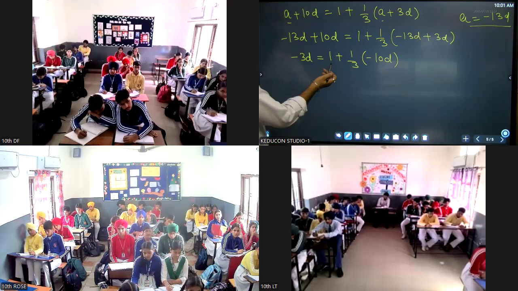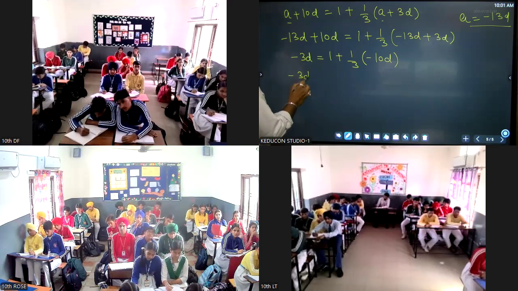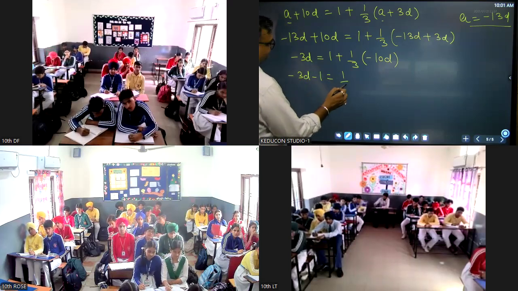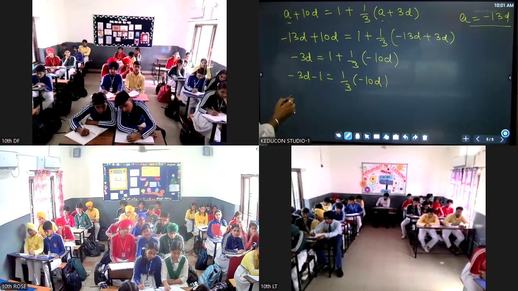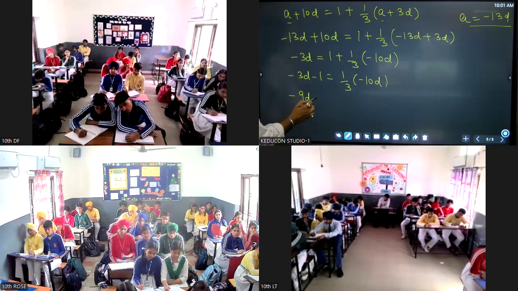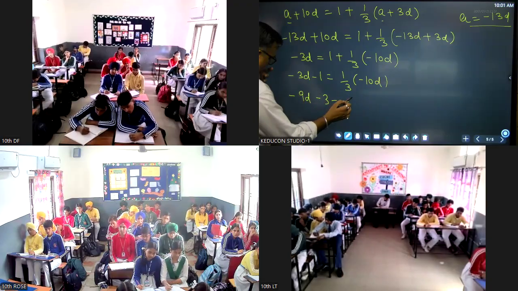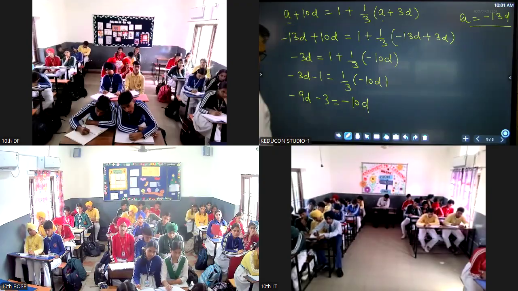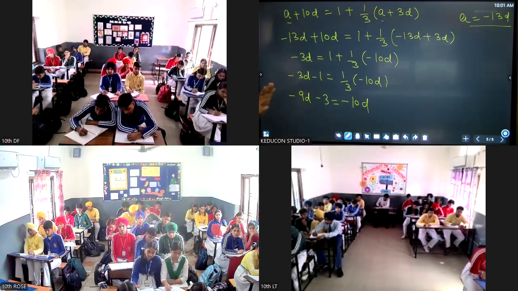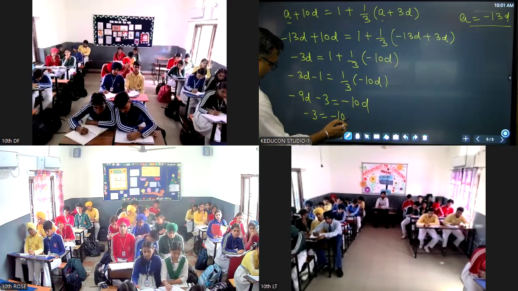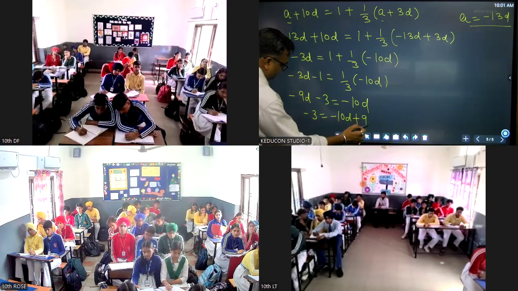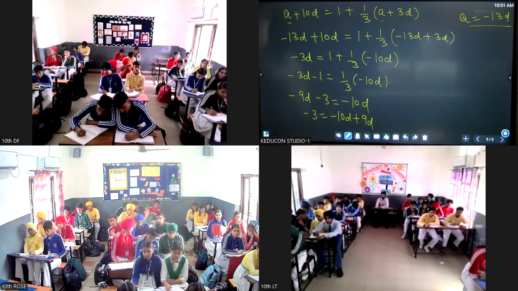Everything is clear? Take 1 on this side, multiplied by 3. Take minus 9D on the other side. Right, children?